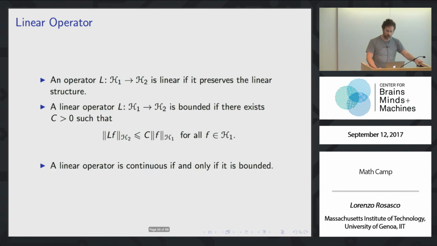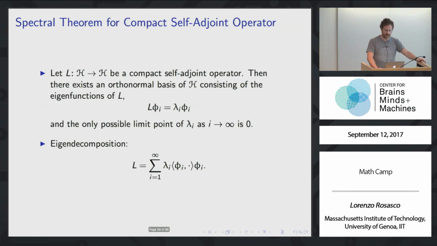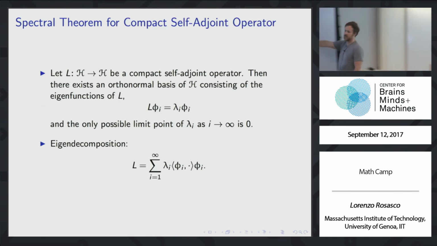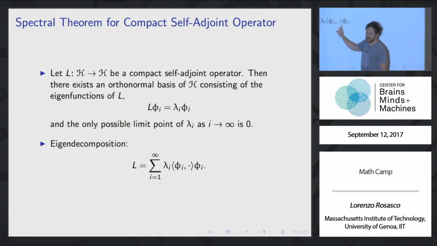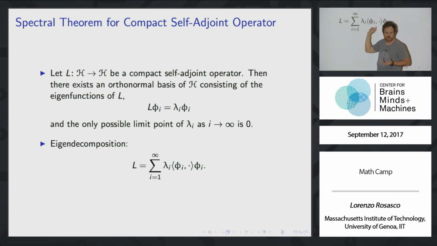But if you're dealing with compact operators, it just looks the same. This is exactly the same notation as before. I only replaced the transpose notation with the inner product notation. I take any element of the Hilbert space, I take the inner product, I get a number, I assign it to this function, and then I multiply by a number. This explains the action of a complicated object just the way you would by diagonalizing a matrix. So this is going to be useful, and we're going to use it.